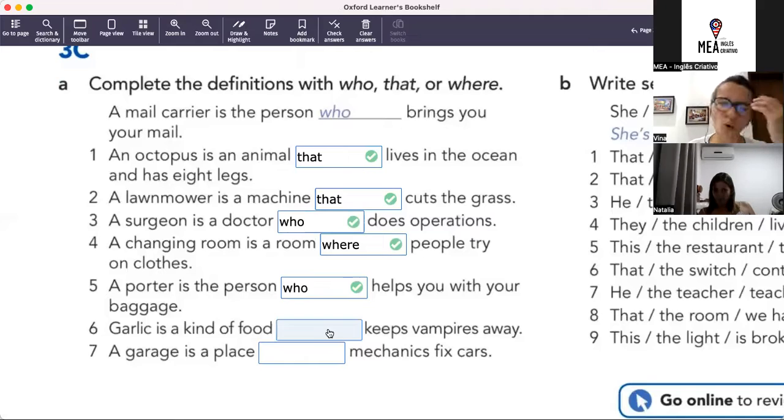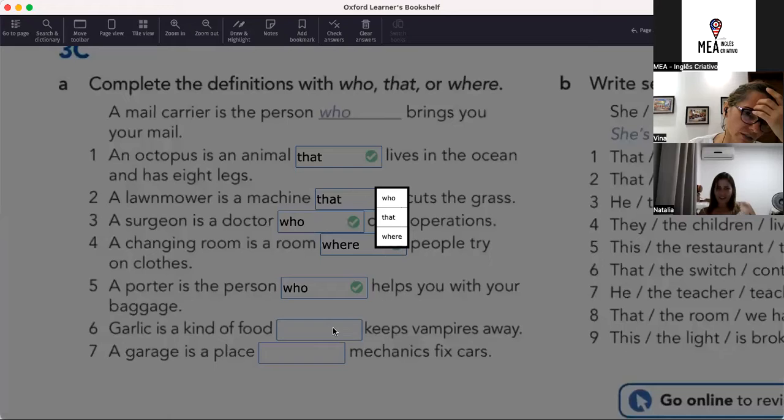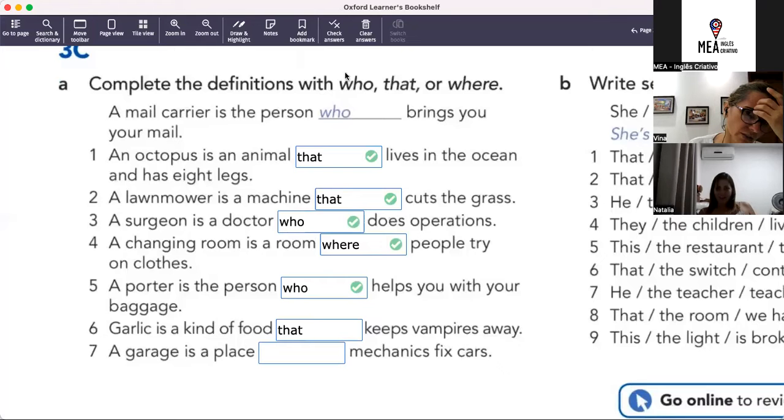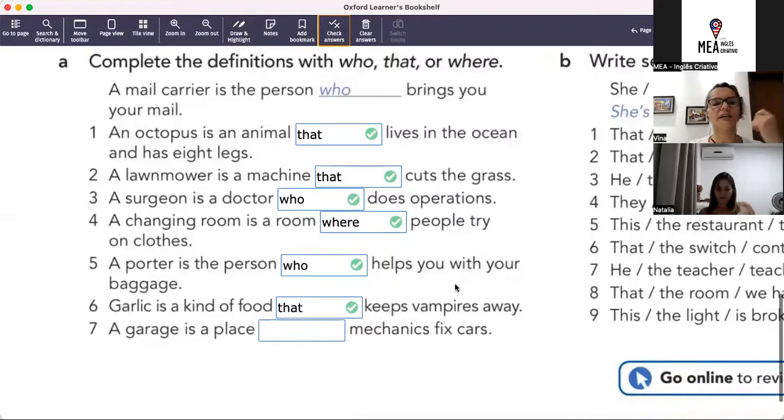Who or that? That, because we were talking about garlic. Yes. That keeps vampires away. Perfect.